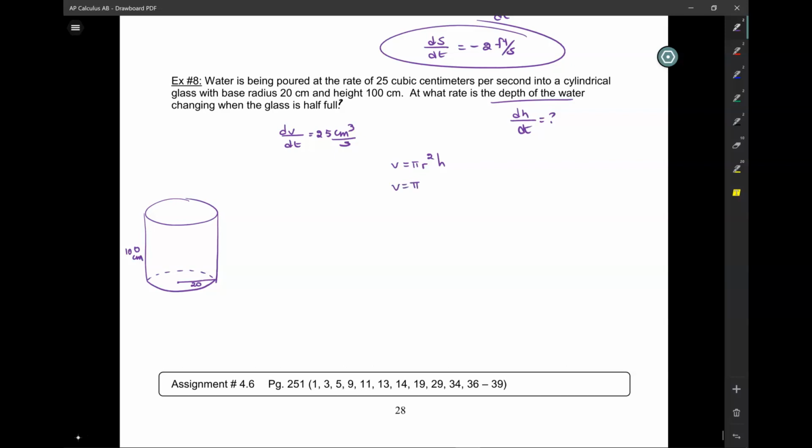The radius is known, it's 20 squared H. So V is 400 pi H. dV/dt is 400 pi dH/dt.